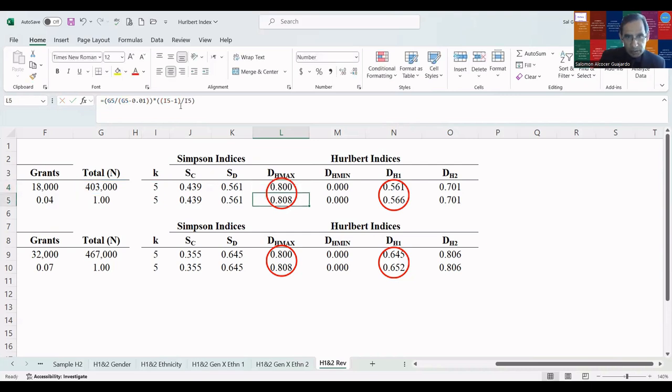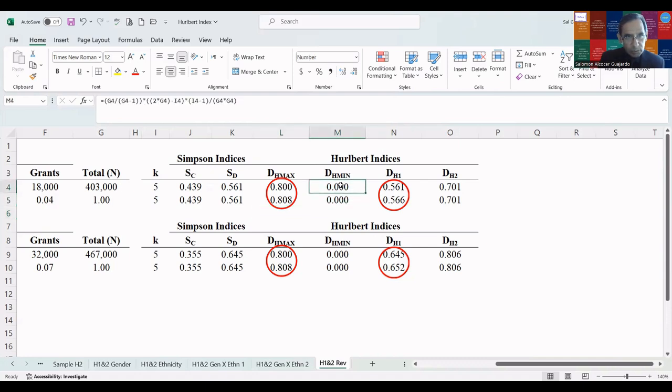So when I do that, that gives me a value of 0.8. When I use the percentages, it's going to be 1 divided by 1 minus 0.01 times 5 minus 1 divided by 5. So that gives me a value of 0.808. Again, slightly different when I use percentages and the frequencies.